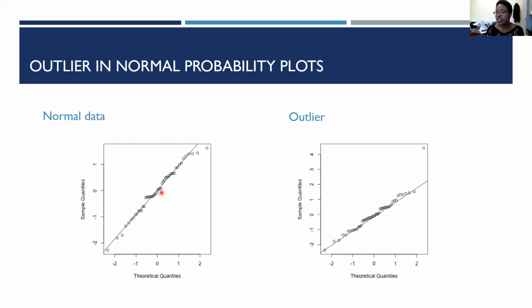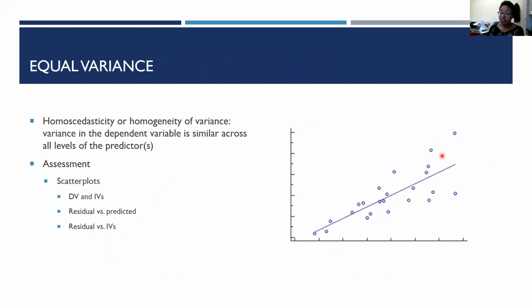So you can use this to see whether your data is normal to begin with, and you can also see whether there are outliers in here. So here, there's that outlier, just way off what the normal curve should be. So you can use the normal probability plot to detect both how nicely normally curved your data is, and also whether you have any outliers. And then our last assumption is equal variance.